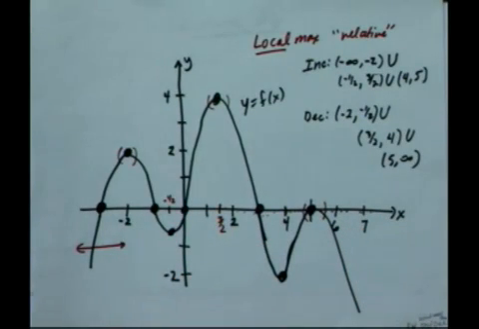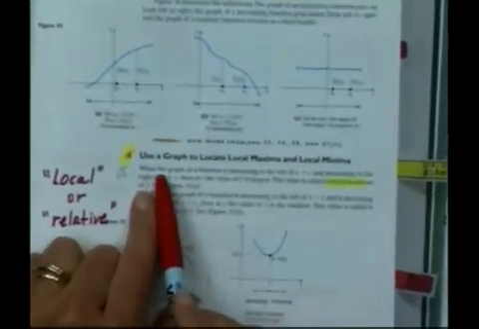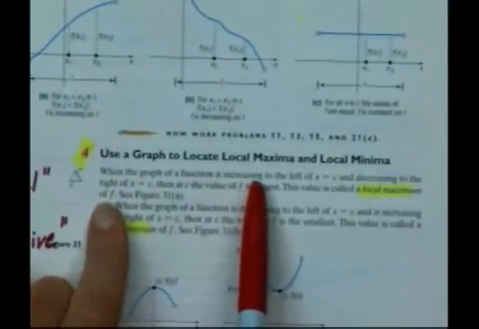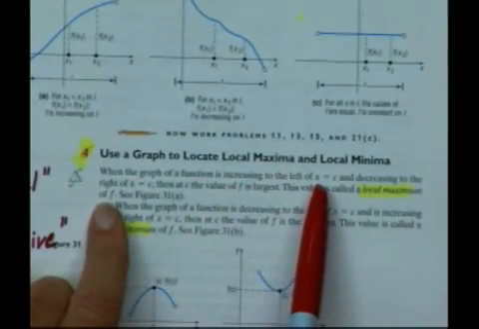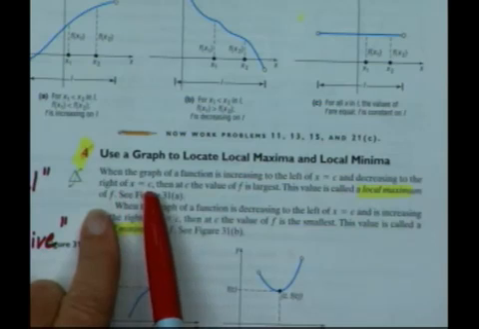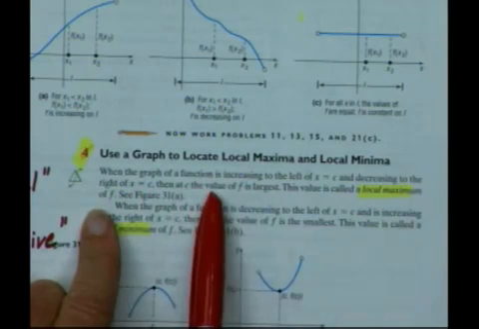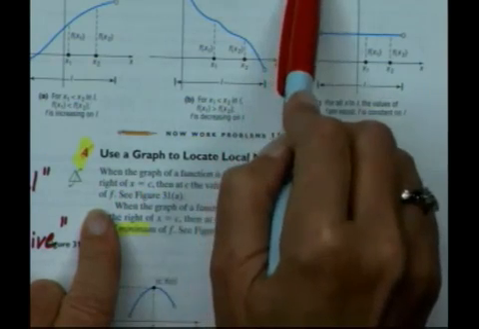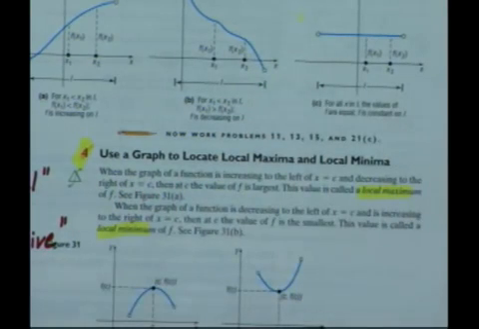All right, let's look at the words in the book. The book says, when the graph of a function is increasing to the left of x equals c and decreasing to the right. So whenever your graph goes from increasing to decreasing, you're going to have a max.